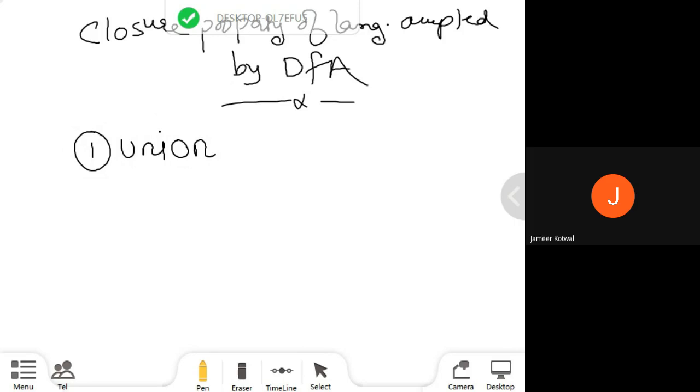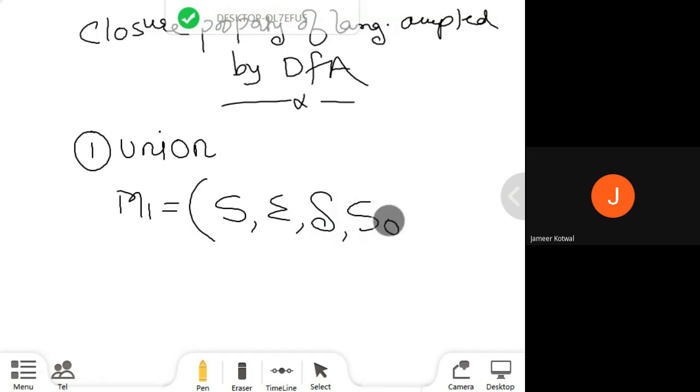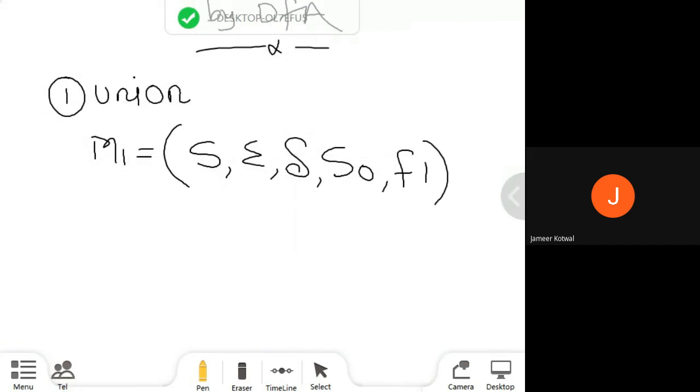Consider we have a machine M1, which means one transition diagram which consists of a set of states represented by S, then the input, the transition function, S0 is the initial state and F1 is a final state. So this is a machine. In that machine, we have represented the states by the letter S, the initial state with S0, and the final state is F1.